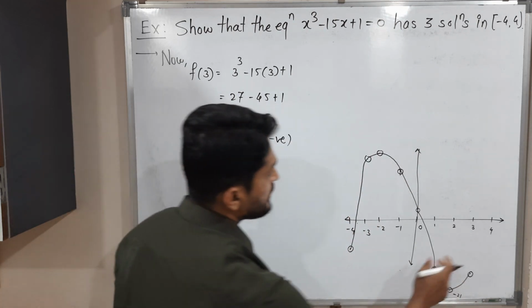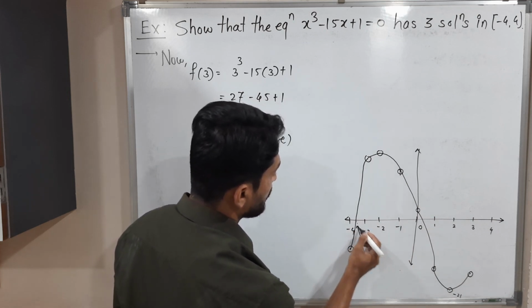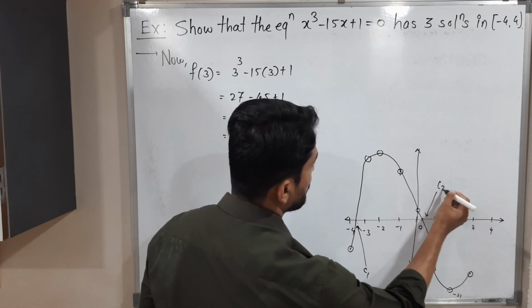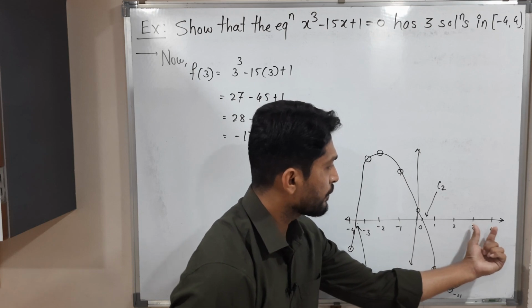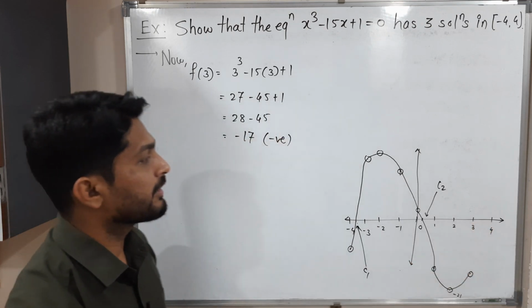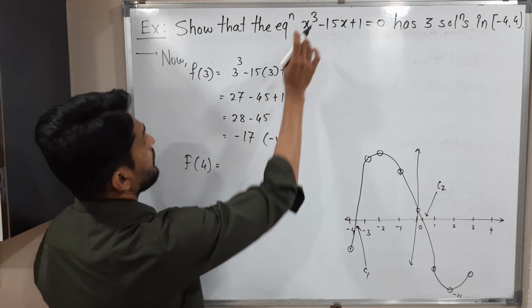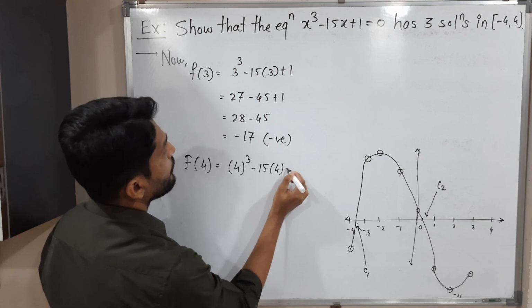So our last hope is this. Here we have already got solution C1, here the second point, C2, our second solution. We want 3 solutions. So our last hope is that we will get some solution between 3 and 4. So let us go for f of 4. 4 cube minus 15 into 4 plus 1.